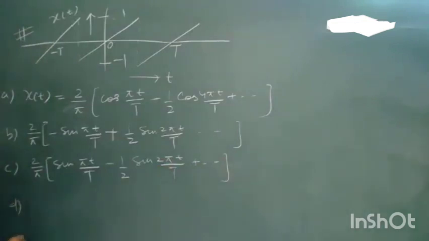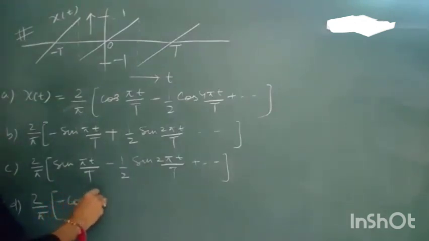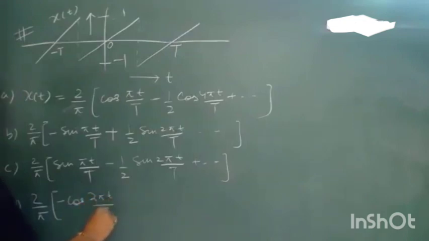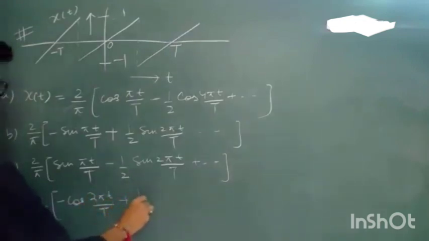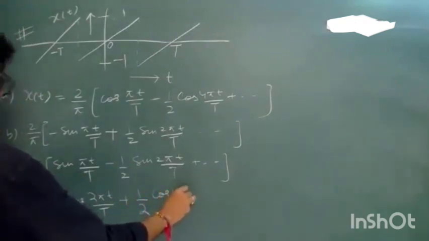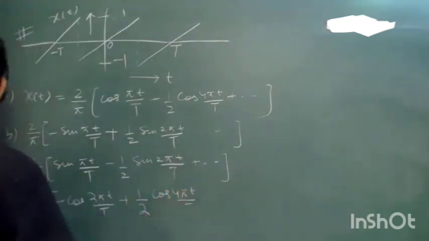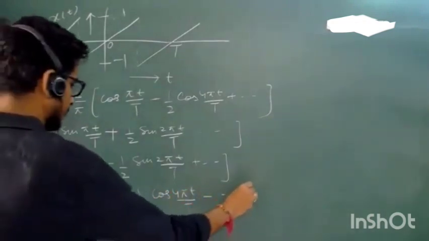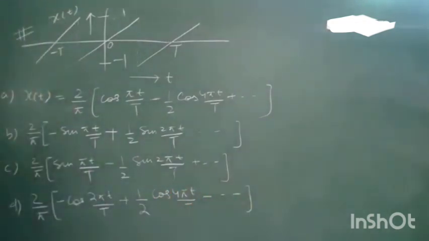And d, it is 2 by pi, minus cos 2 pi t by T plus half cos of 4 pi t by T minus dash dash dash. So these are the options. Come on, quickly try it.